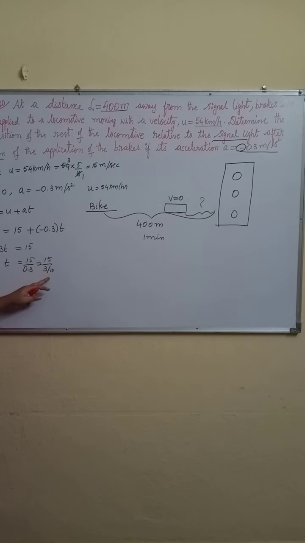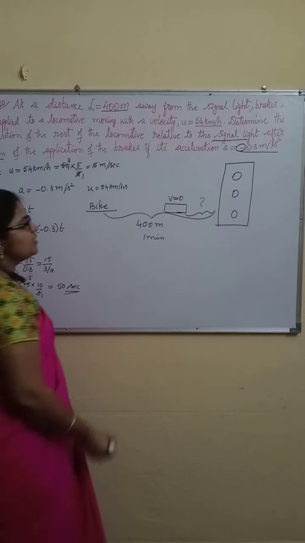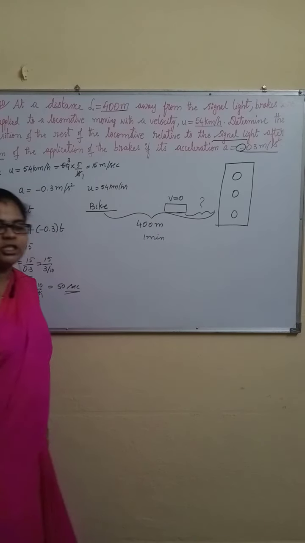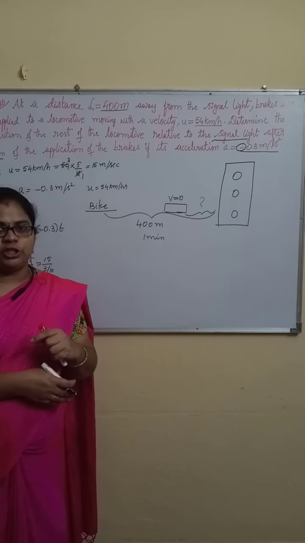In the denominator we have a fraction, so it will get reciprocal. 3 ones are 3, 3 fives are 15, so 50 seconds. It means at 50 seconds the body will come to rest position. At 50 seconds the body will come to rest position.